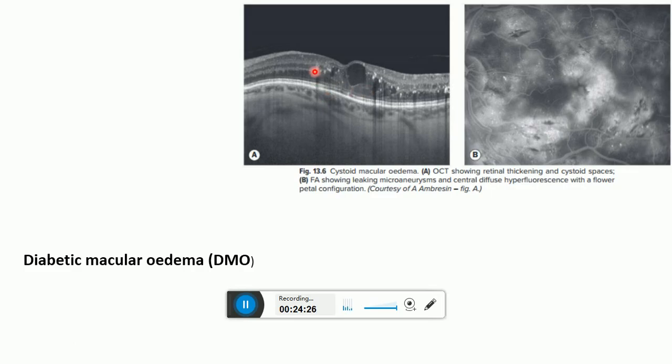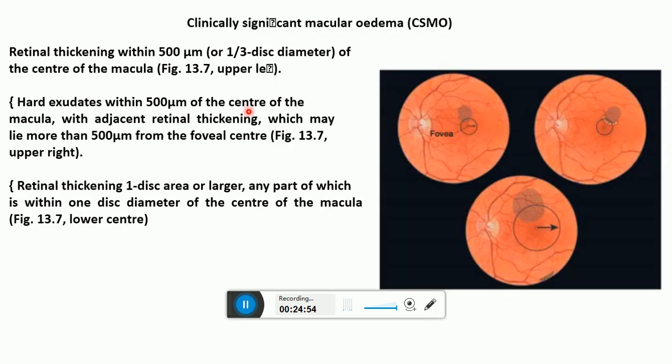Here you can see cystoid macular edema, OCT showing retinal thickening and cystoid spaces, and this is the FA showing leakage, microaneurysms, and central diffuse hyperfluorescence with a flower petal configuration.